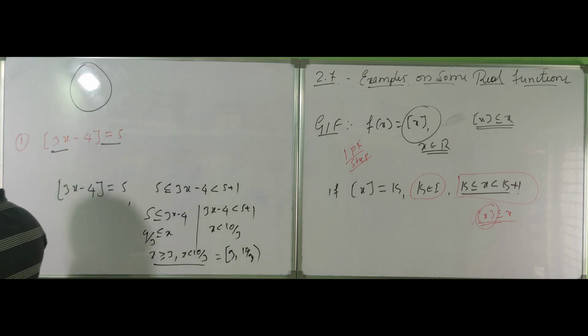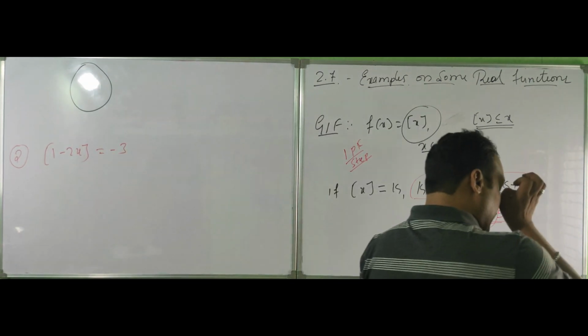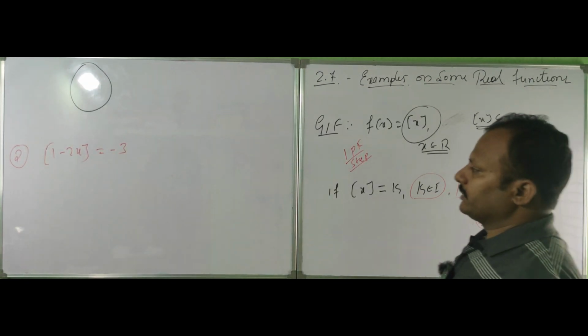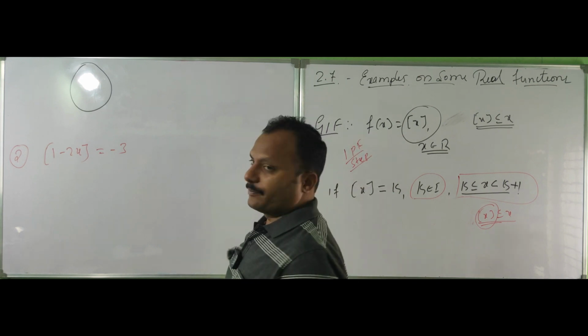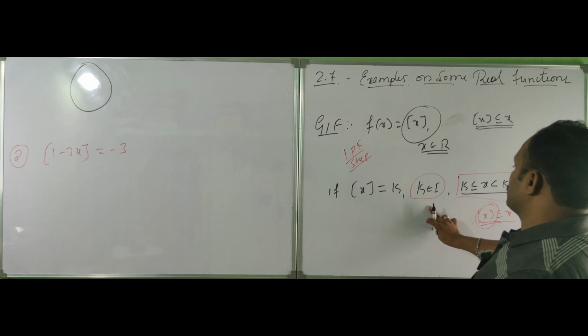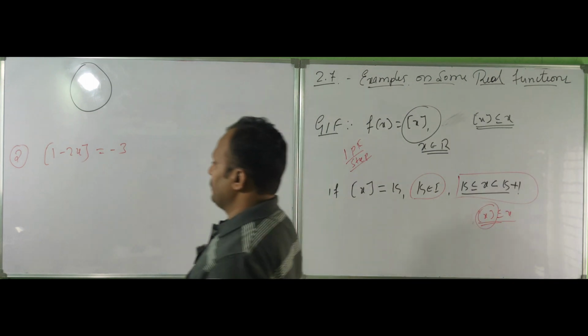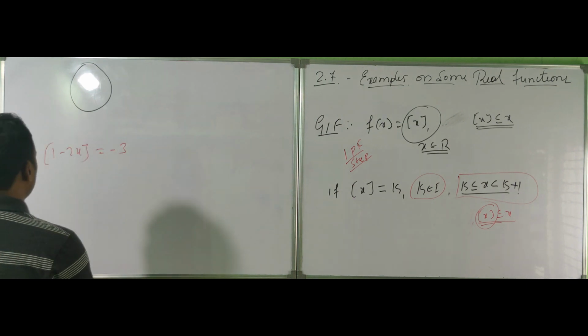The next question is: the greatest integer of 1 minus 2x is equal to minus 3. What is the value of x for this? Same again, this is the formula: if [f(x)] = k, where k belongs to integers, then k is less than or equal to f(x) and f(x) is less than k + 1. The same method.